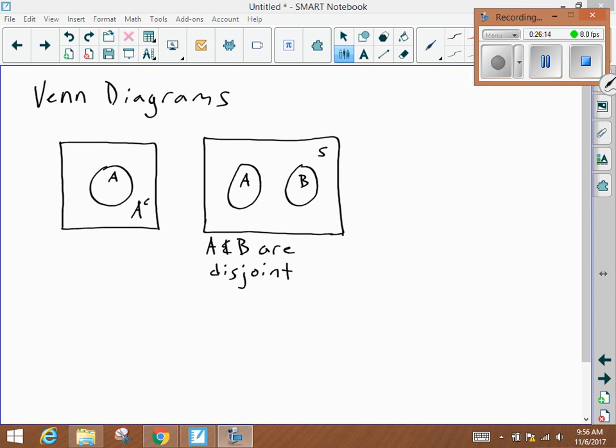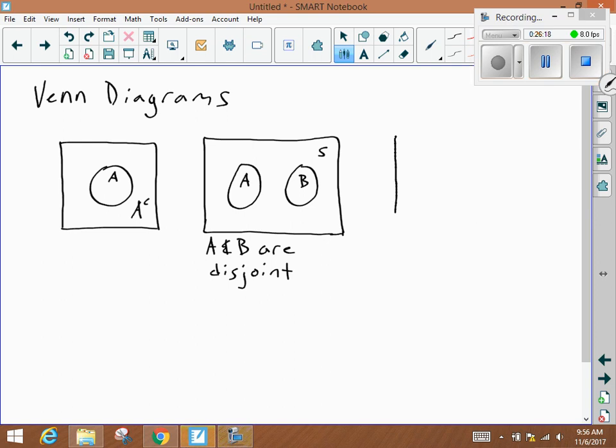Okay, and then the next case that we have is the case that you normally see with these Venn diagrams. Events A and B are not mutually exclusive, right? They have an event in common.